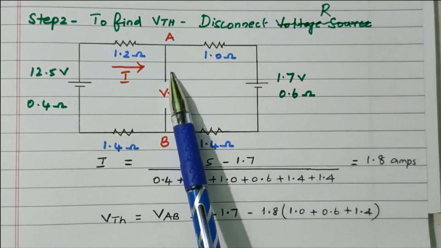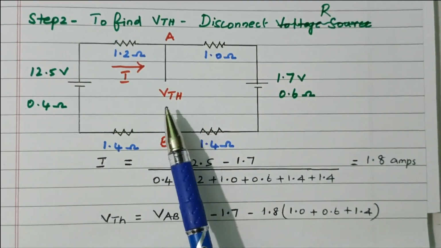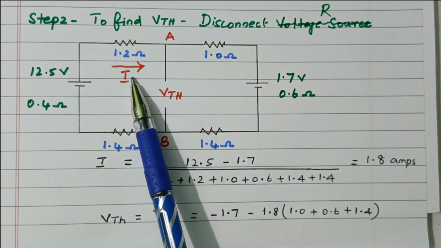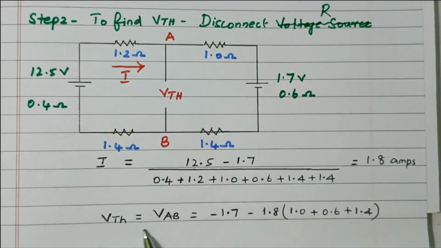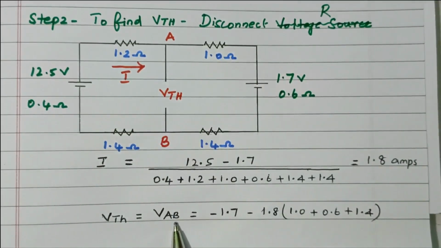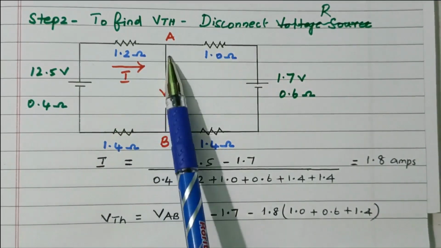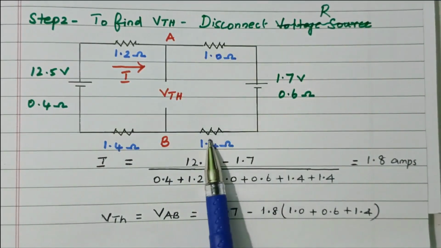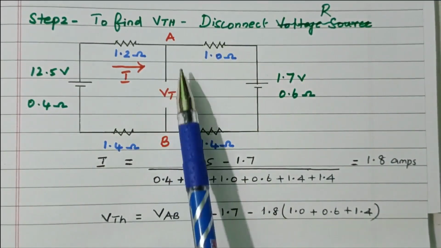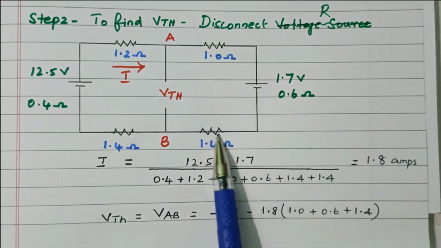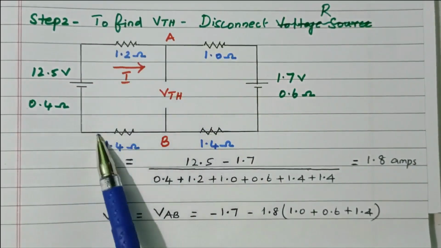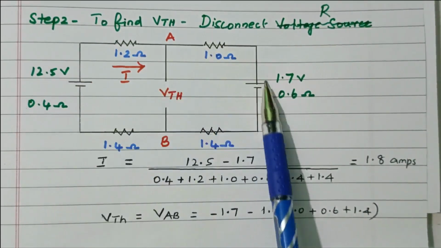How to find this? VTH is VAB, the voltage across AB. Either side can be used, because the voltage across AB equals the voltage drop on this side or that side.